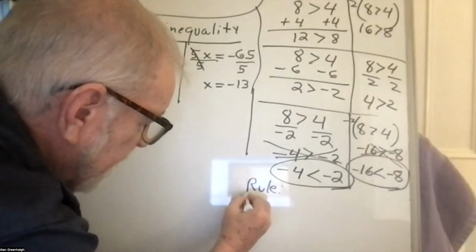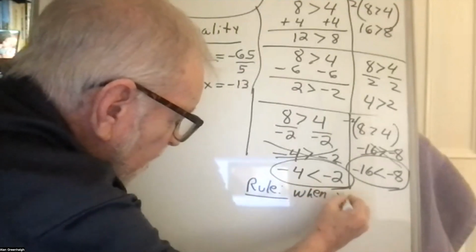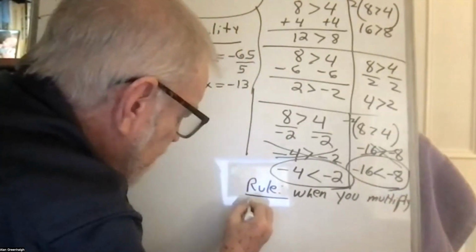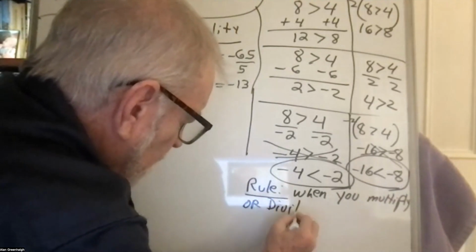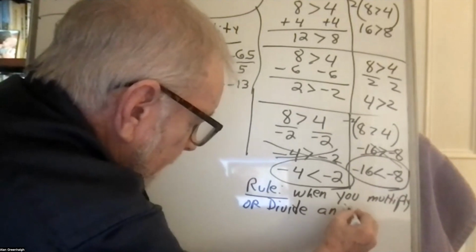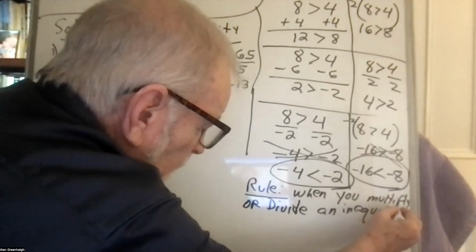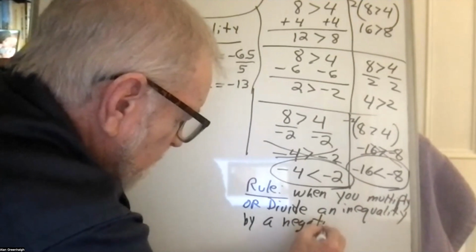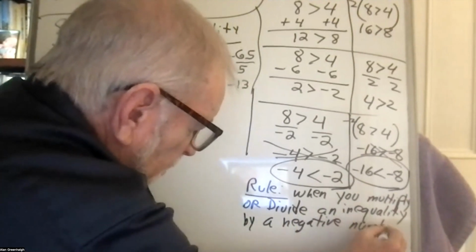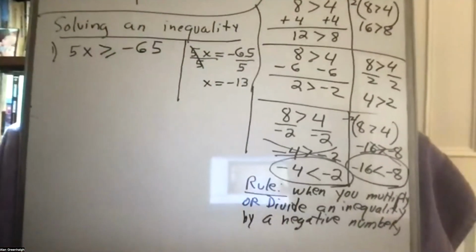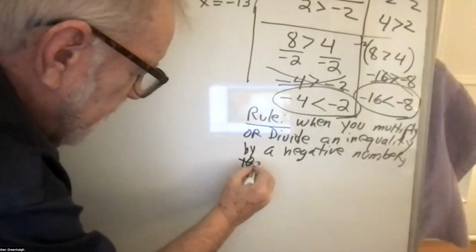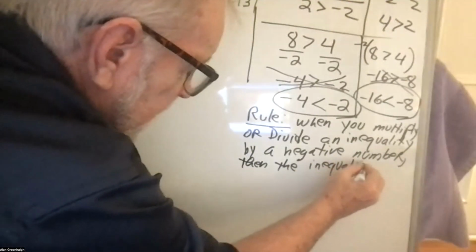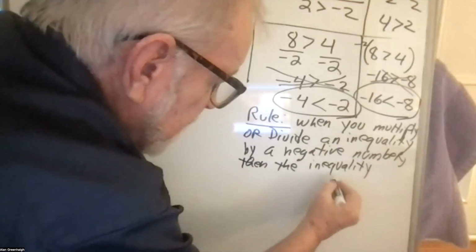And the rule is, when you multiply or divide an inequality by a negative number, then the inequality symbol, let's just call it the inequality, reverses.